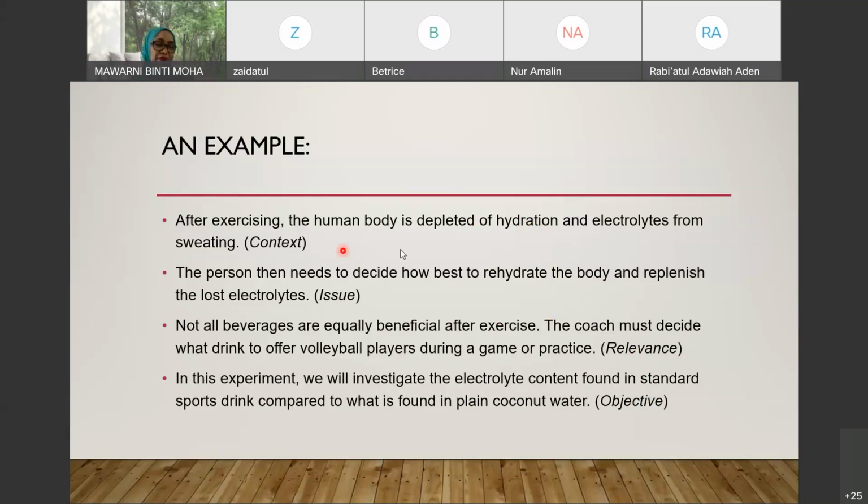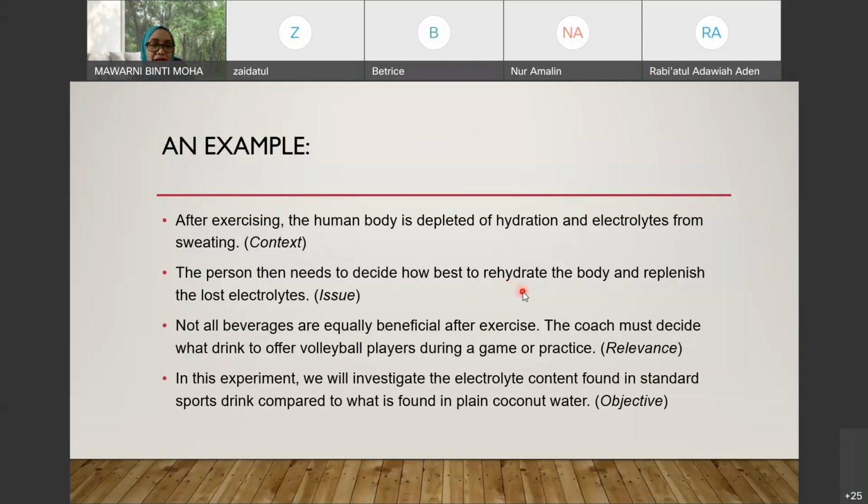Right. What is the example? This is an example. I'm taking some example from health, physical education. The context: after exercising, the human body is depleted of hydration and electrolytes from sweating. Now, the issue is the person then needs to decide how best to rehydrate the body and replenish the lost electrolytes.